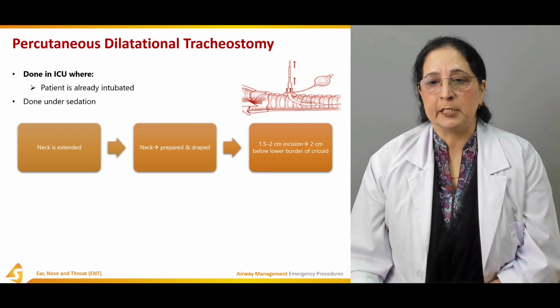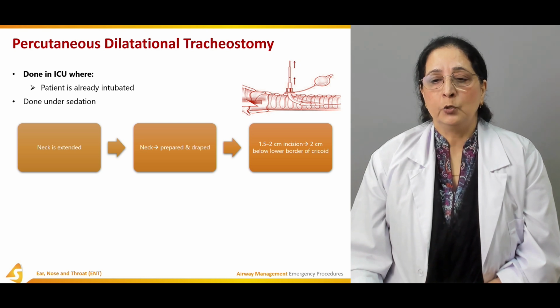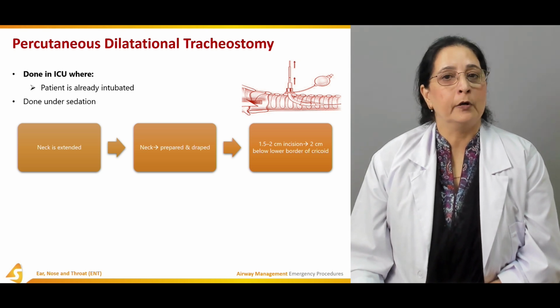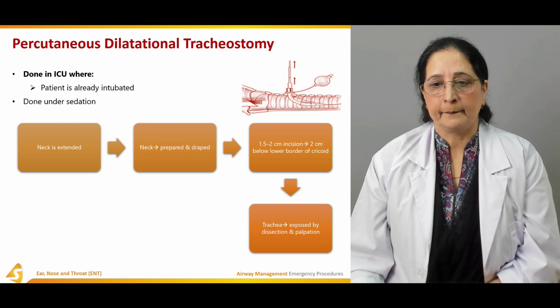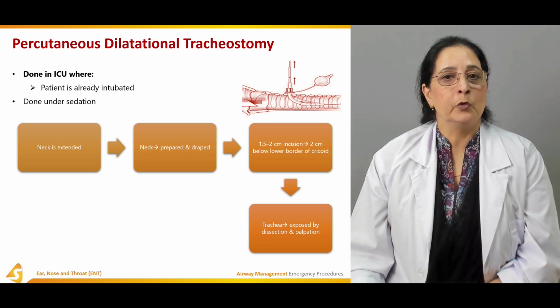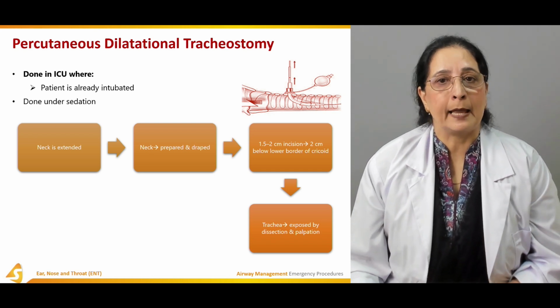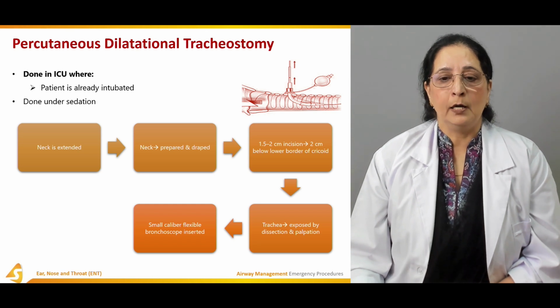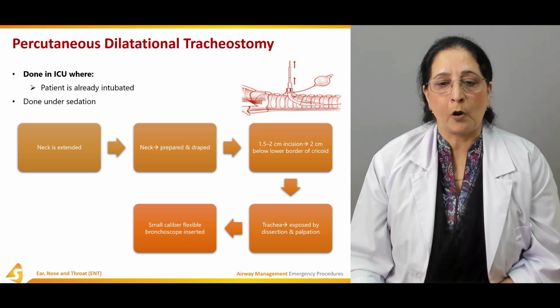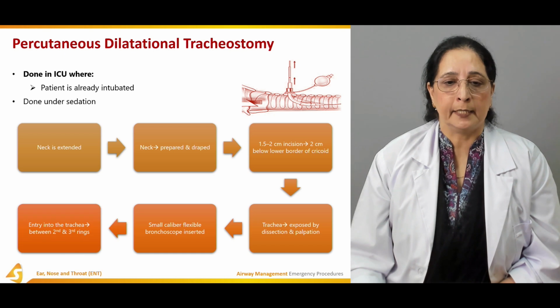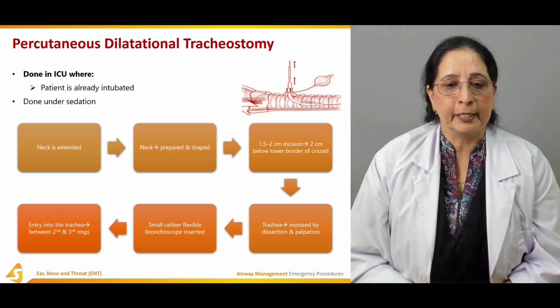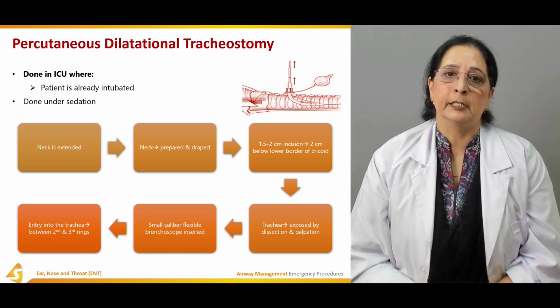A 1.5 to 2 centimeter incision, 2 centimeters below the lower border of the cricoid, is given. The trachea is exposed by dissection and palpation. A small caliber flexible bronchoscope is inserted. Entry into the trachea is between the second and third ring.